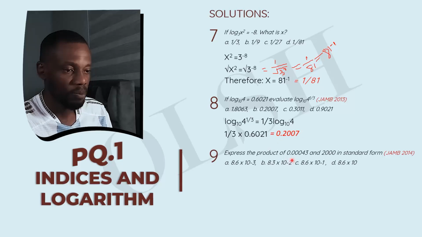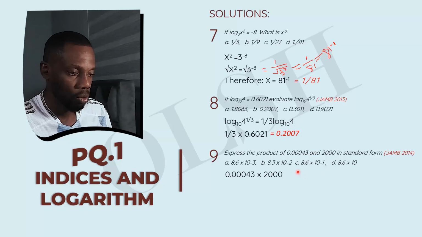So number 9, express the product of 0.00043 and 2000 in standard form. We can easily solve this problem by making this a whole number. Multiplying it by 10 raised to the power minus 5 would make it a whole number. So we do 43 times 10 raised to the power minus 5. This is the same thing as what we have here. Multiply it by 2 times 10 raised to the power 3, which is same as what we have here.